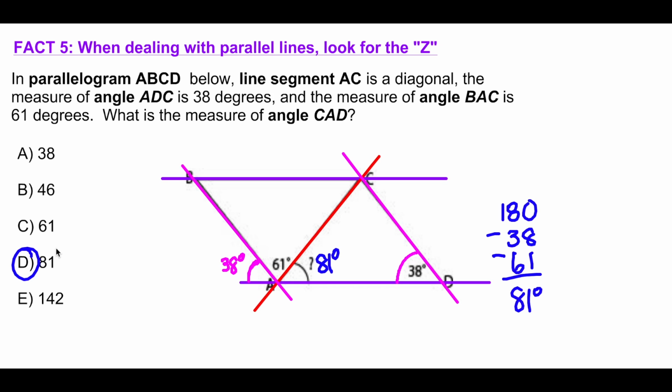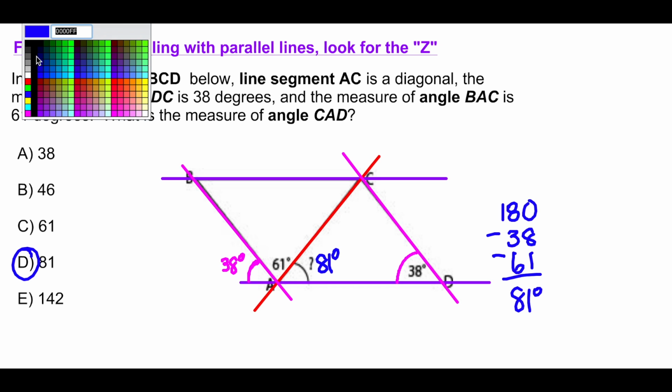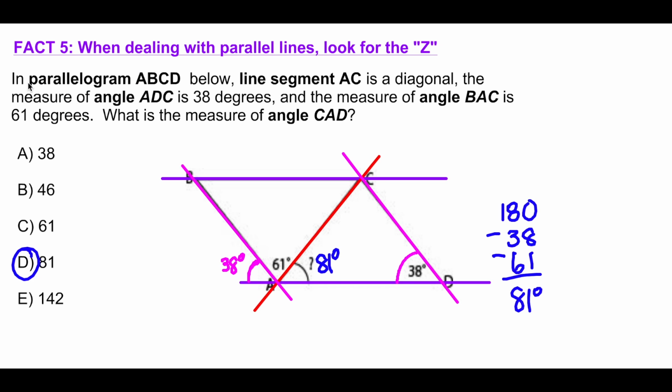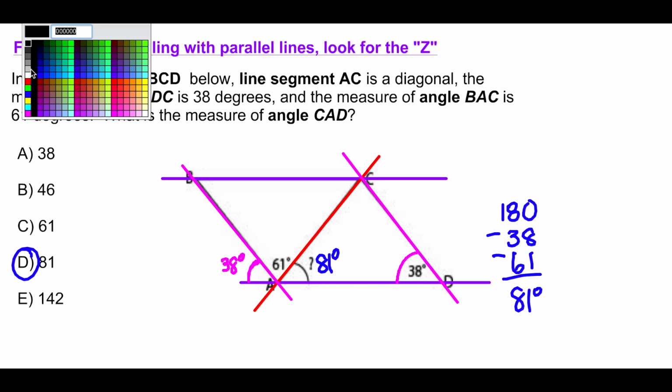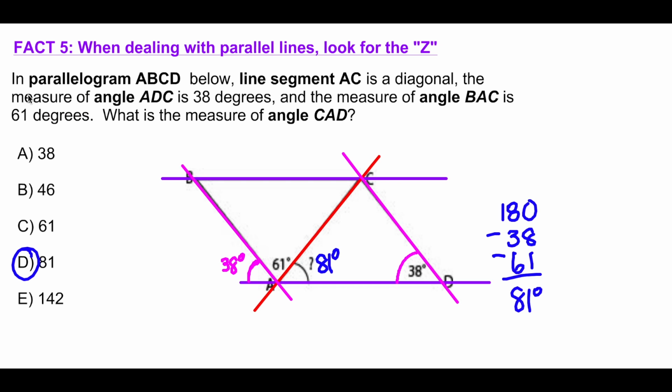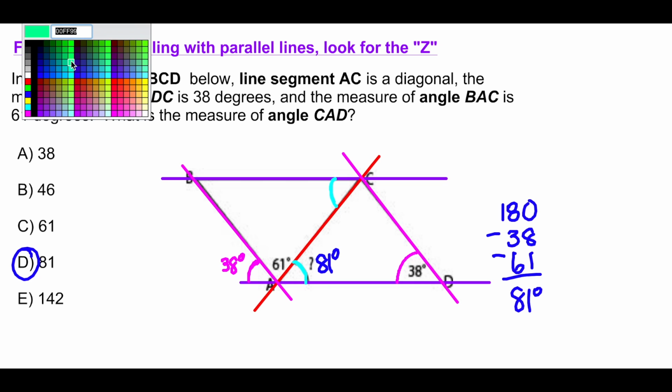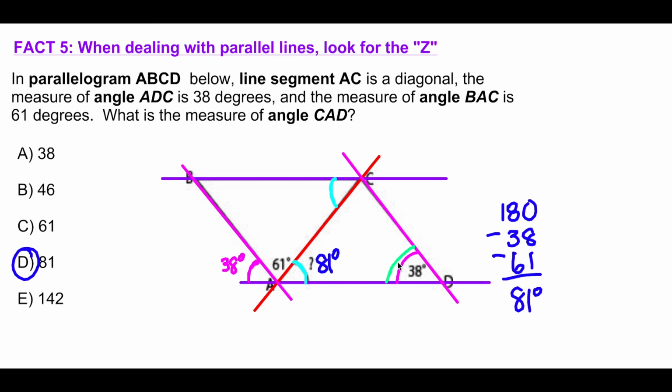Choice D. It does help to know that alternate interior angles of parallelograms are also equal. So in essence, this angle right here is alternate interior with this angle right here. And by the same token, the 38 degrees that you see right here is also going to be the degree measure right here.